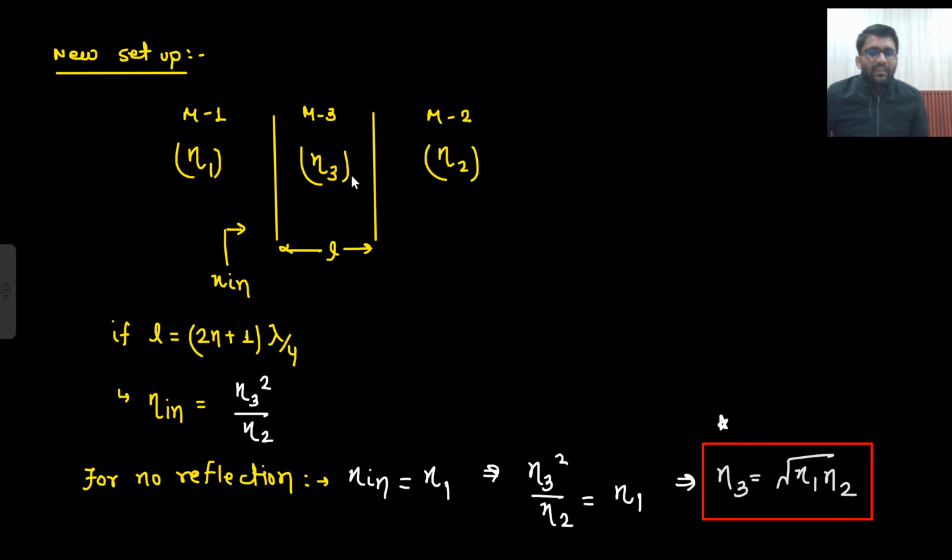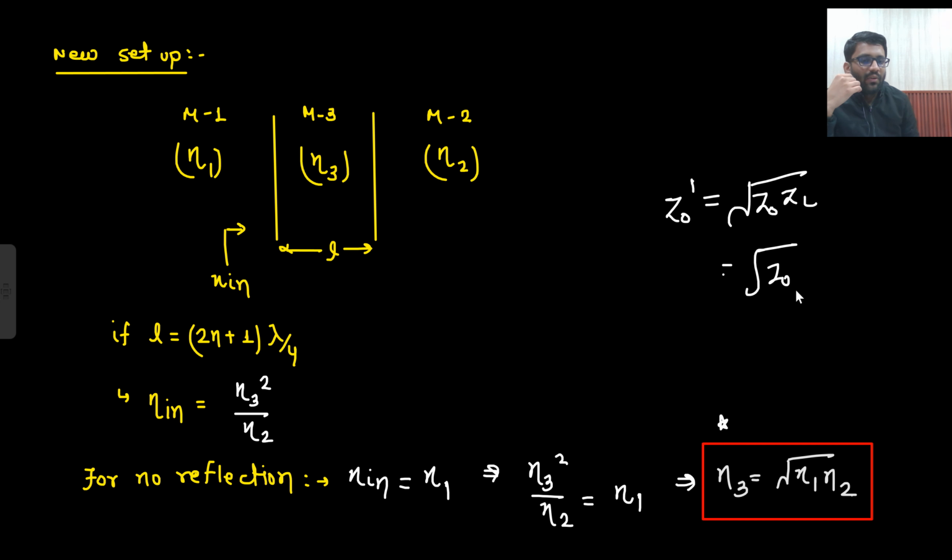So that means the intrinsic impedance of medium 3 should be the geometric mean of the intrinsic impedance of medium 1 and medium 2. In the previous case, what were we getting? Z0 dash should be equal to under root Z0 into ZL. In transmission line, this is what we were getting, or we used to write it as Z01 into Z02, because we used to match two transmission lines there. Here what we are doing? We are matching two media, but in between I am introducing another material.